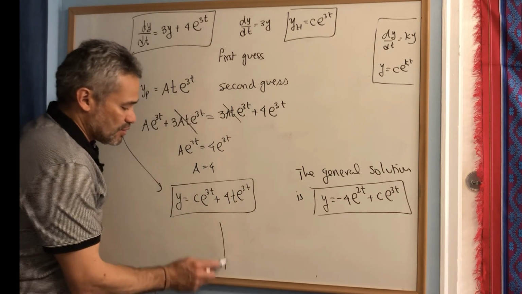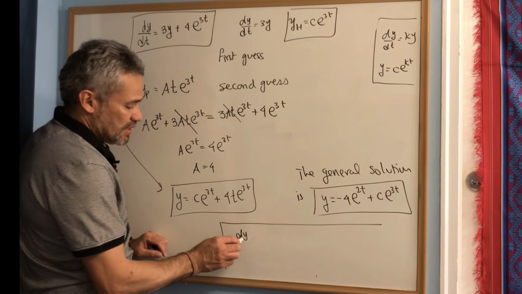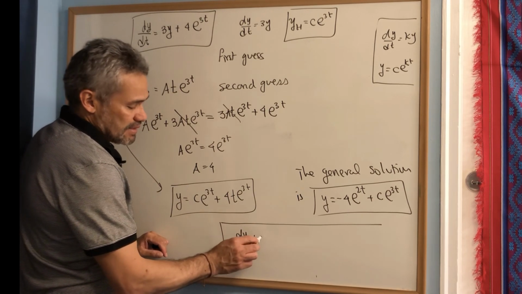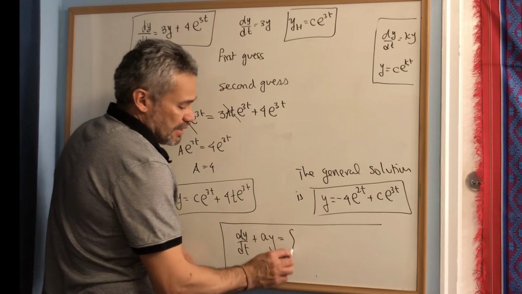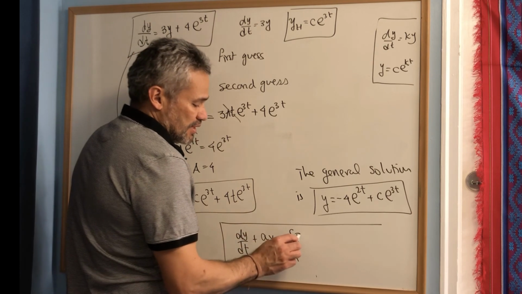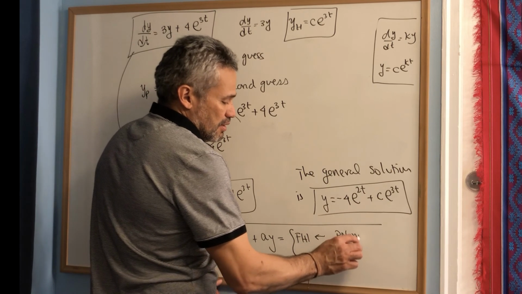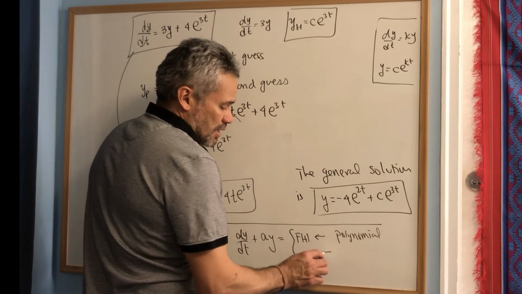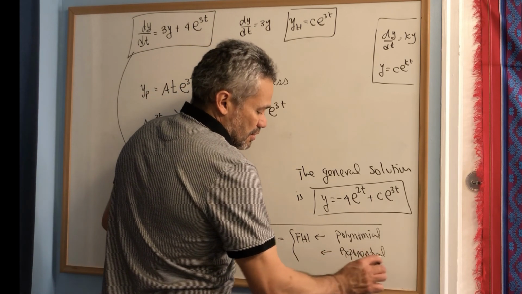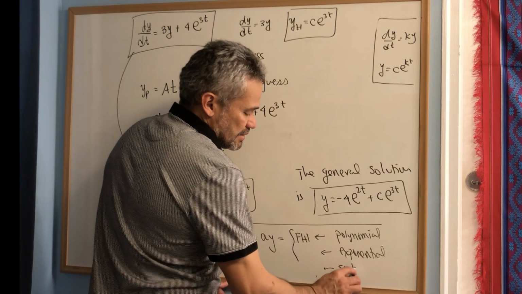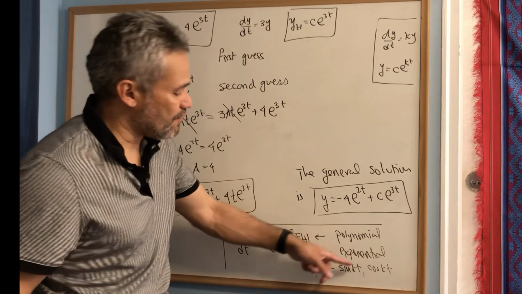In the next video, we're going to explain how to solve a differential equation that looks like this: dy dt plus, let's say, a number a times y, and here this non-homogeneous part, let's call it f of t. This is going to look like either a polynomial, or an exponential function, or like a sine of kt or cosine of kt, or a combination of all of these.